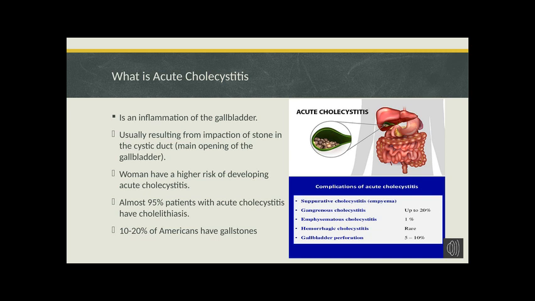Women have a higher risk of developing acute cholecystitis. Here is the picture of the gallbladder affected with acute cholecystitis, and the bottom part of the picture shows complications of acute cholecystitis.